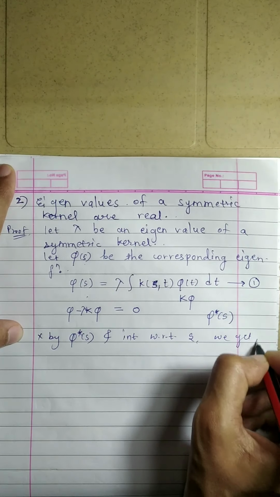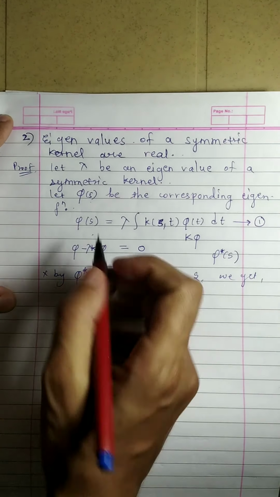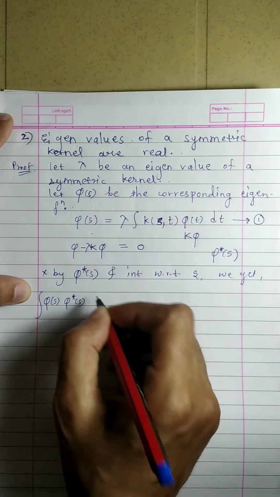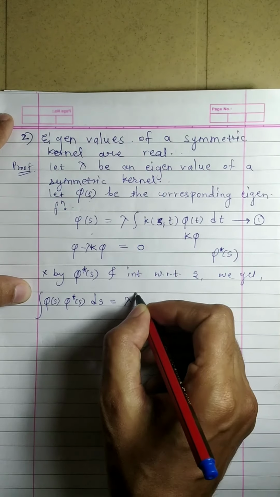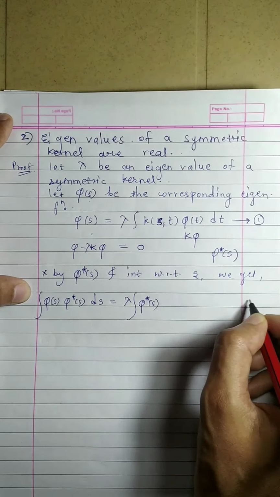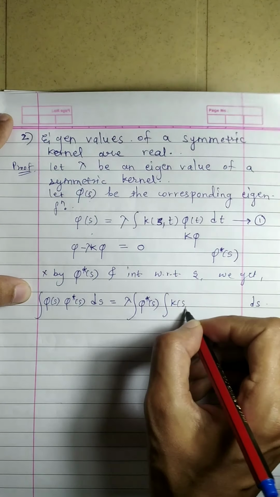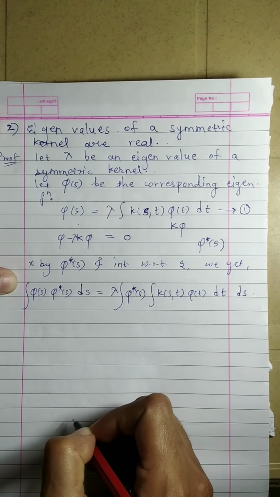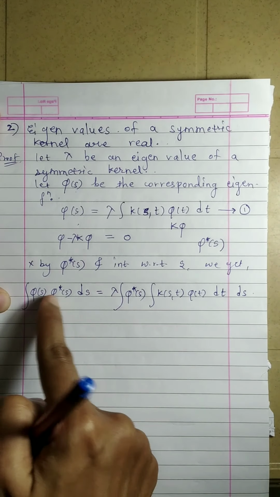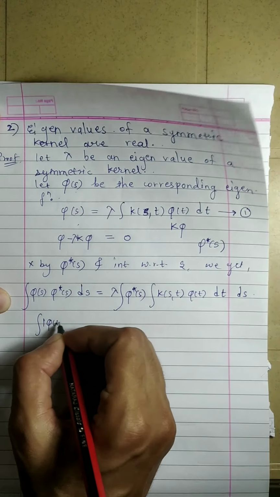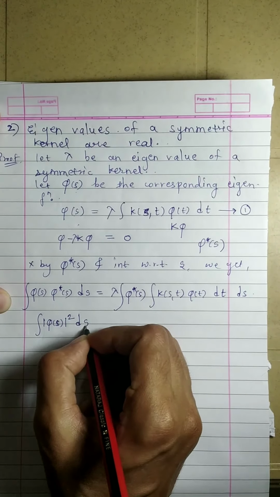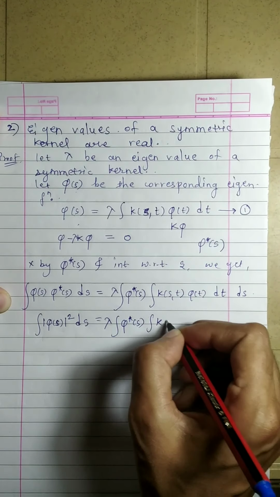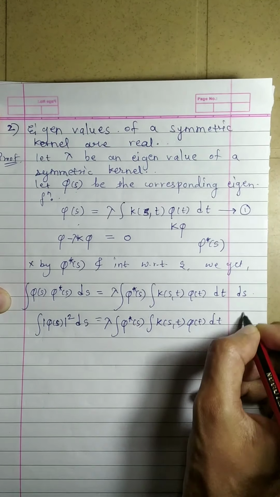After doing this, by using the property of complex numbers, we can write the left side as the integral of mod phi squared ds, which equals lambda times the integral of phi star(s) times the integral of K(s, t) phi(t) dt ds.